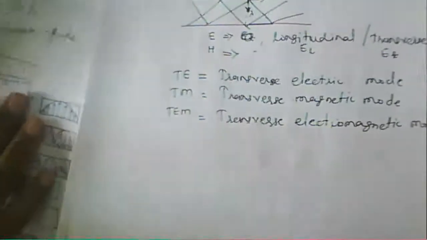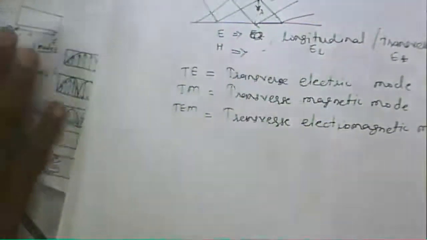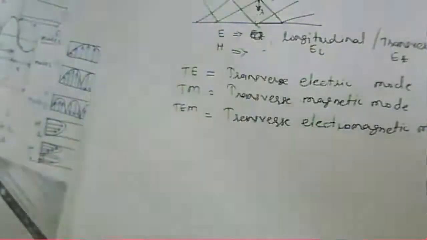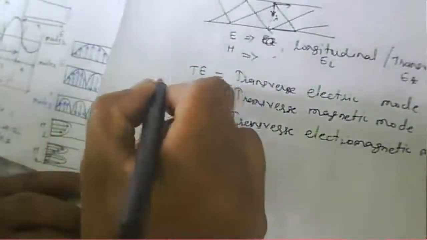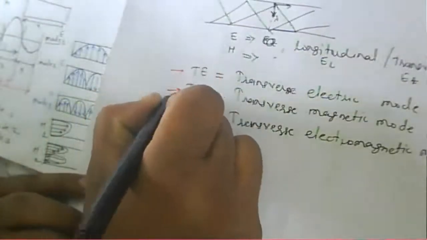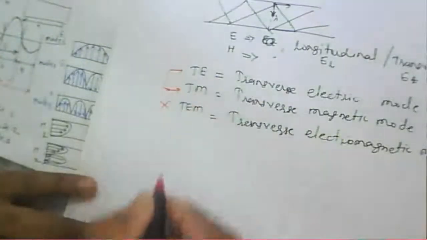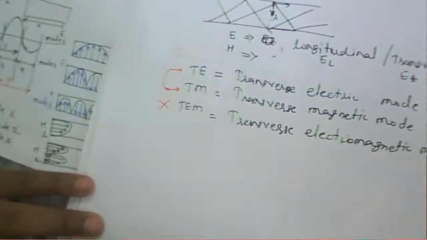So in a waveguide, which is a conducting one, consider that only TE and TM modes are propagating. No TEM wave is propagating through the waveguide.